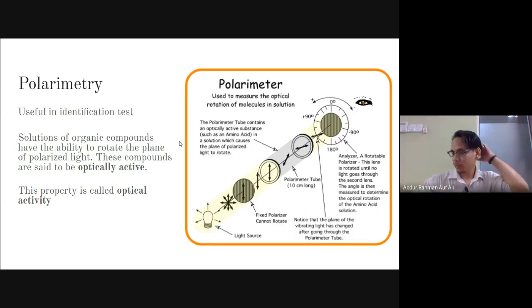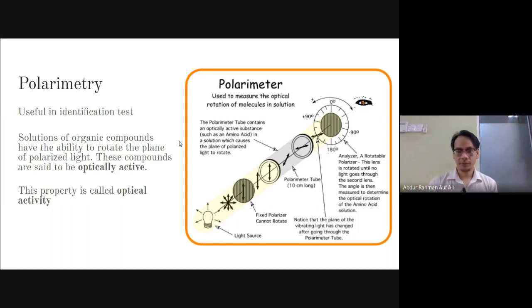All these rotation values are in the pharmacopoeia. If you want to identify an amoxicillin tablet, you open the pharmacopoeia and look up the polarimetric rotation of amoxicillin. Say it is negative 10 degrees. Negative means it rotates to the left, positive means it rotates to the right.